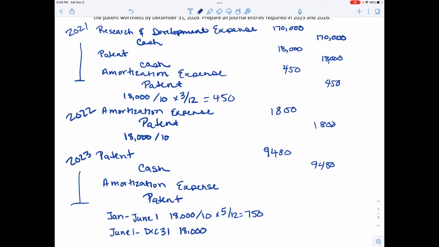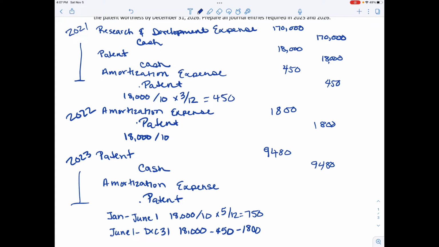We need to subtract out every time we credited that patent, because that's going to lower the value that's on our books for that patent. So we're going to subtract out the 450, subtract out that 1800.